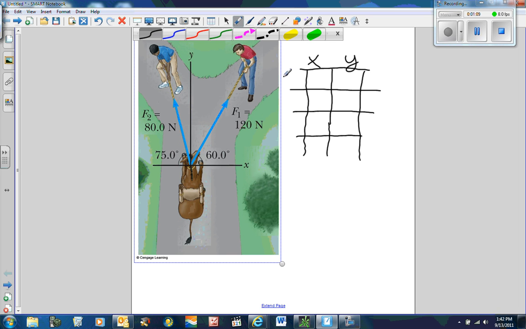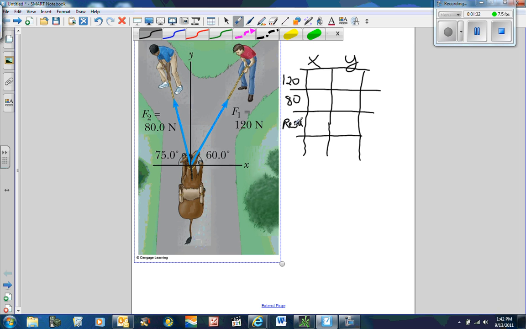And this will be my 120 Newton vector. This will be my 80 Newton vector. And this will be my resulting vector.